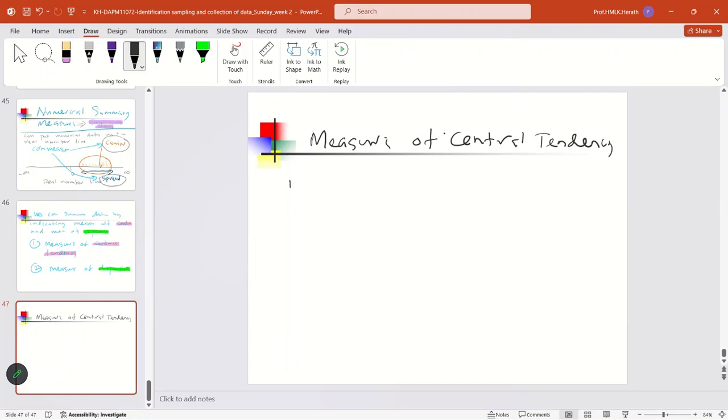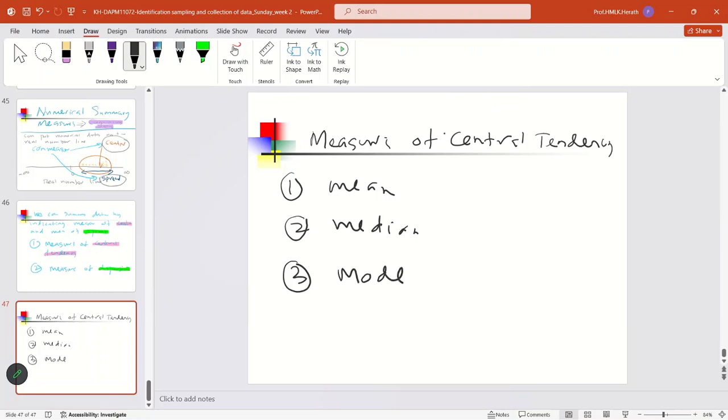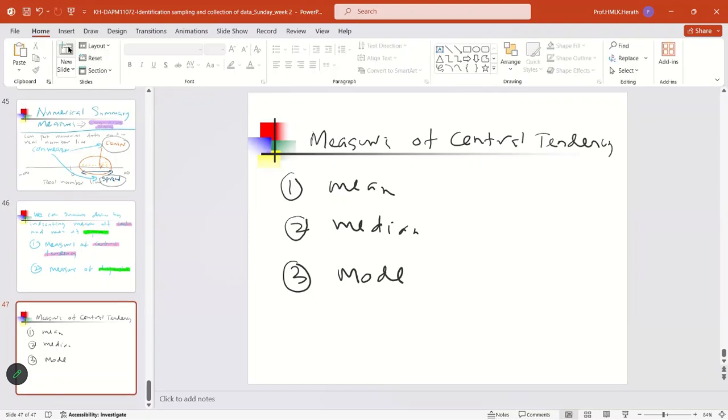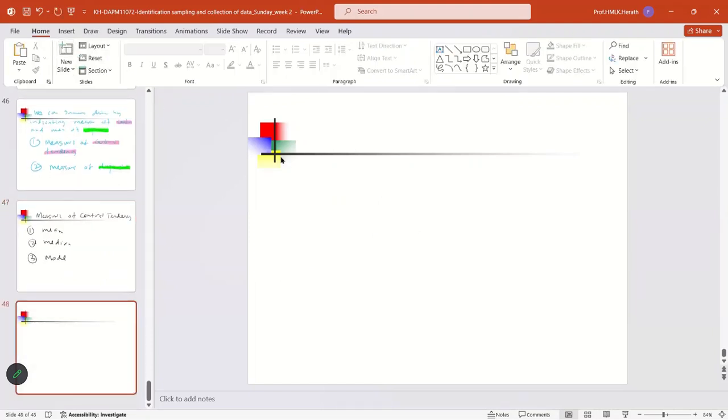The first measure of central tendency is mean. The second that we talk about is median. And the third that we will be talking about is mode. So we will take them one by one. Mean.